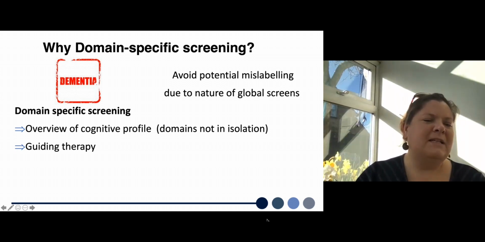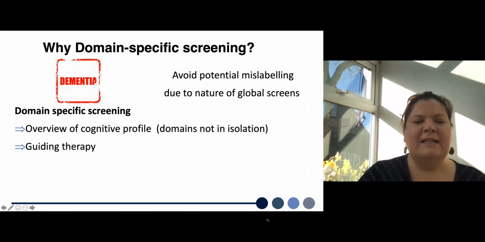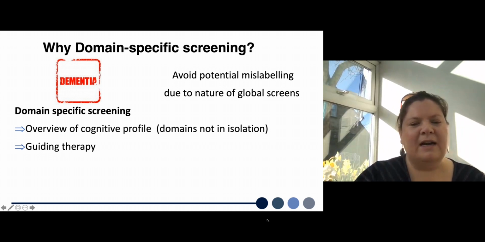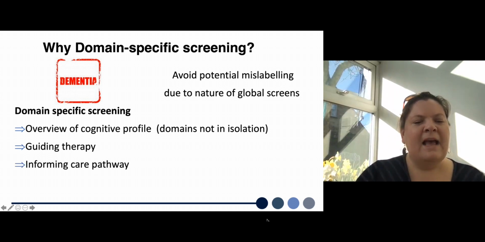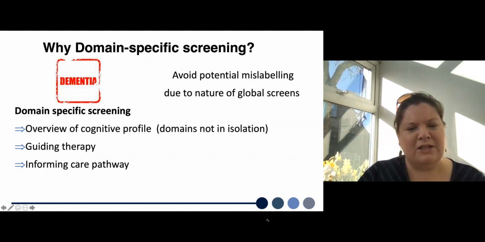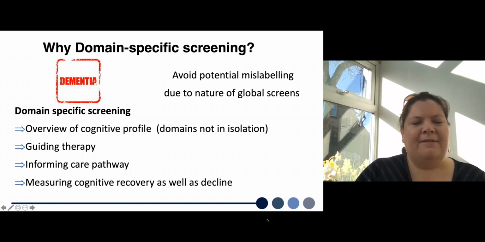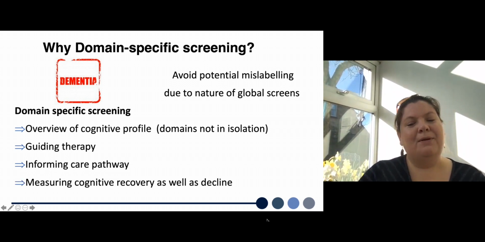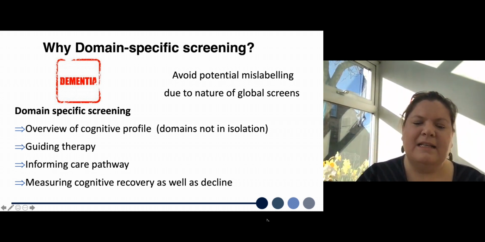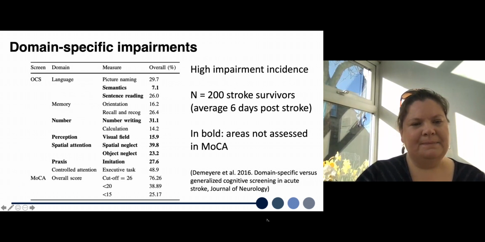Say someone has spatial inattention, say someone has an apraxia, that can allow you to guide therapy decisions and guide broader decisions about care pathway, destinations of discharge and care packages. And then finally, it can measure both recovery as well as decline, as you're looking at these specific domain tasks and these specific domain impairments.